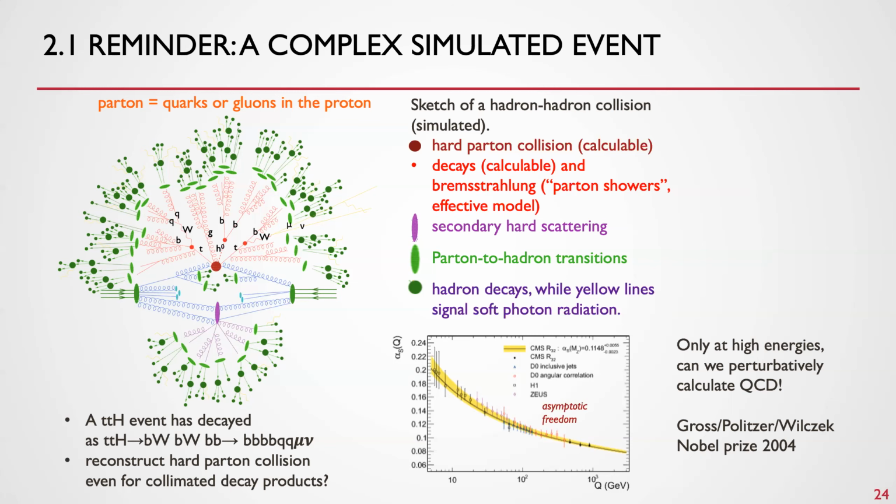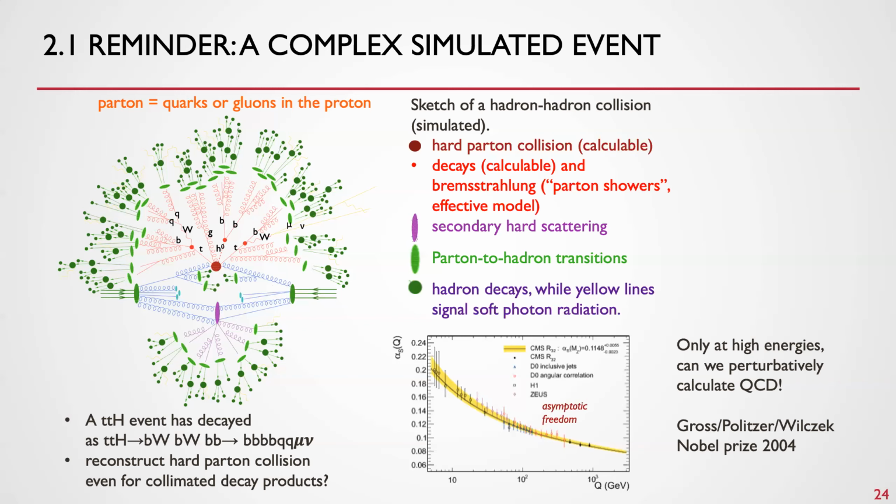So a reminder, what does a complex event look like? How do we think about complex proton-proton collisions? You can imagine here a proton colliding with another proton at tera electron volt energies. So the proton consists of quarks and gluons sketched here, and those interact at the energy scale described, probabilistically described by the parton distribution function, which is the probability to find a given parton, which could be a quark or a gluon, inside the proton, carrying a specific momentum fraction x of the proton.